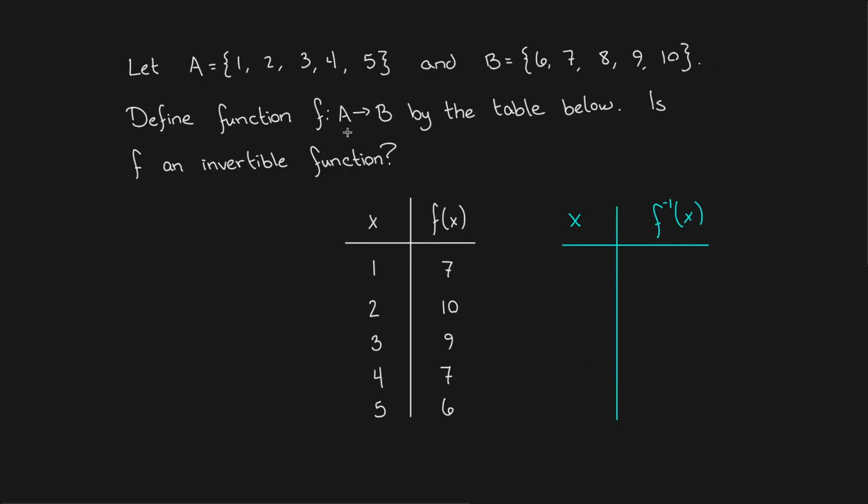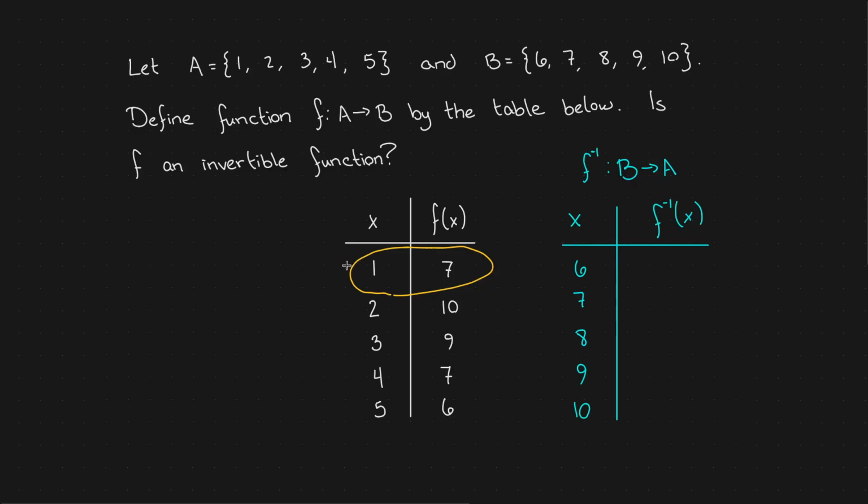Okay, because f maps A to B, f inverse, the inverse function, should map B to A. So the values that would go here are the input values, which for f inverse is going to be the values in set B. So I'll have 6, 7, 8, 9, and 10. So let's see if we can successfully construct this inverse function. So let's just go line by line.